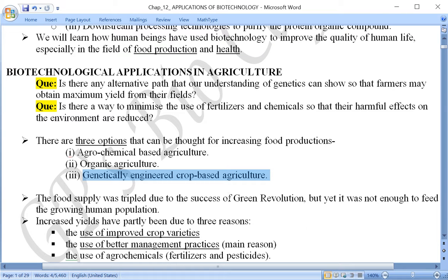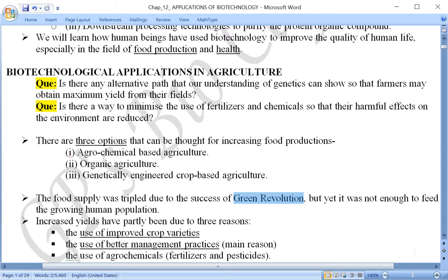You know about the green revolution, which we discussed in chapter number 9. In the 1960s the green revolution was brought about in India, and due to that the yield of the agricultural product increased.